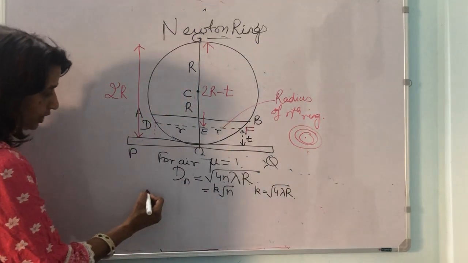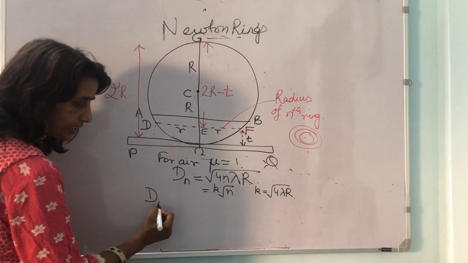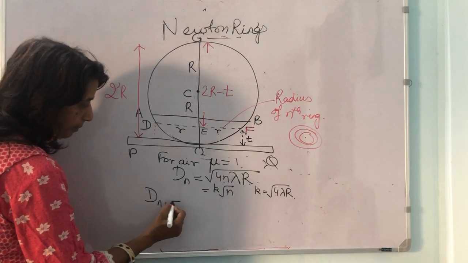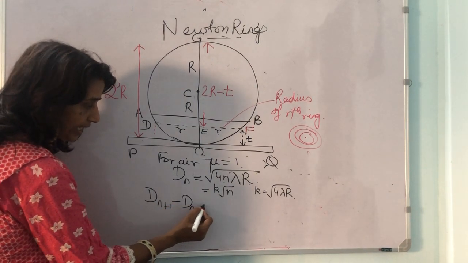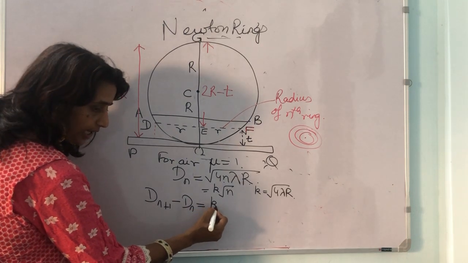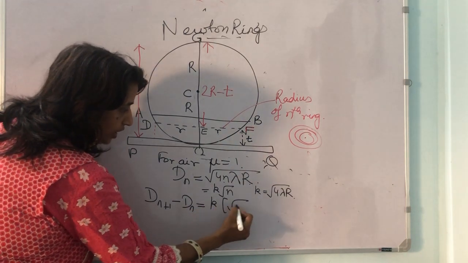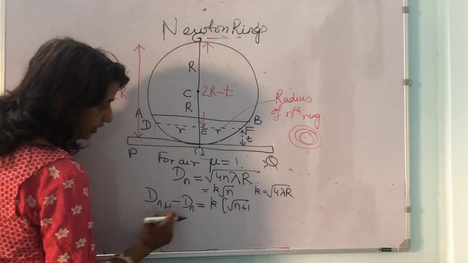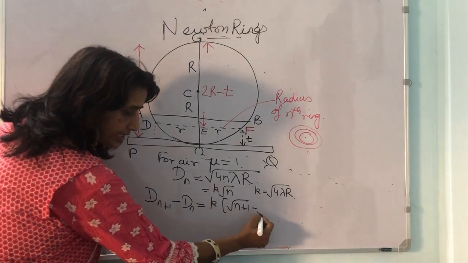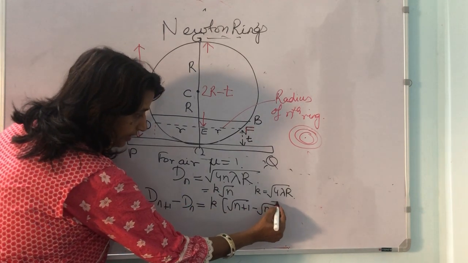Now one more very interesting conclusion: d(n+1) minus dn is equal to k into (under root n plus 1 minus under root n).